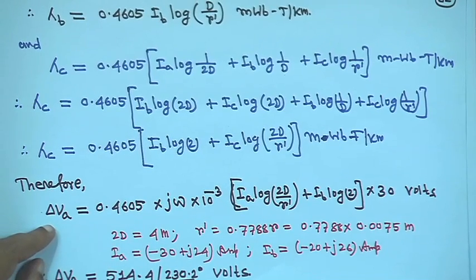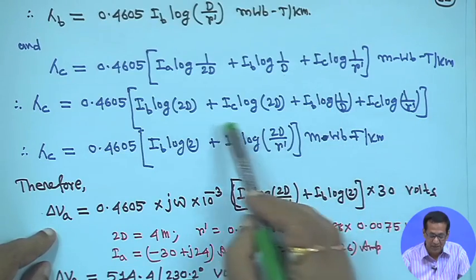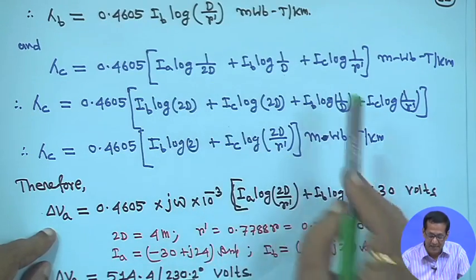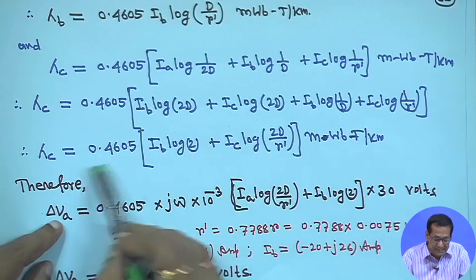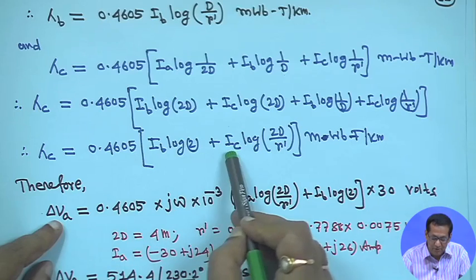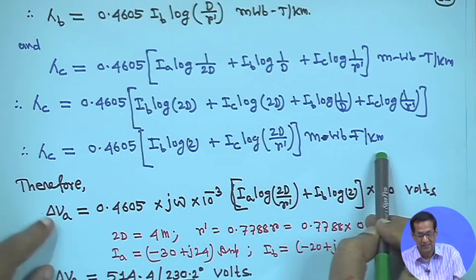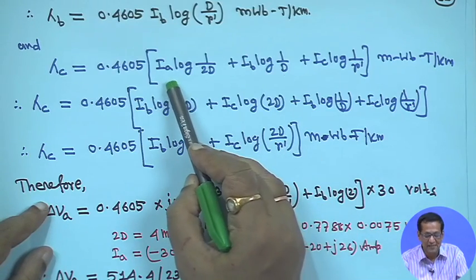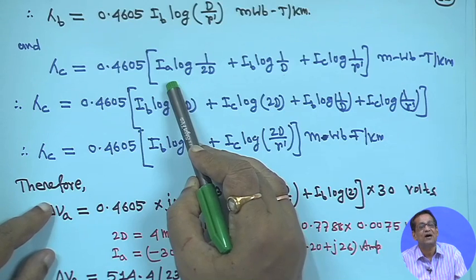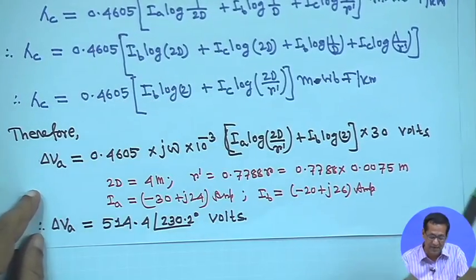So in this case, not Ic equal to minus (Ia plus Ib), just simplify. Whatever comes with Ib and Ic is there, Ia is eliminated. So in that case lambda C will be 0.4605 [Ib log 2d plus Ic log 2d upon r dash] milliweber turns per kilometer. In this case, whatever Ib, Ic is there, just substitute Ia is equal to minus (Ib plus Ic), then you do this. So this is lambda A, lambda B, lambda C.